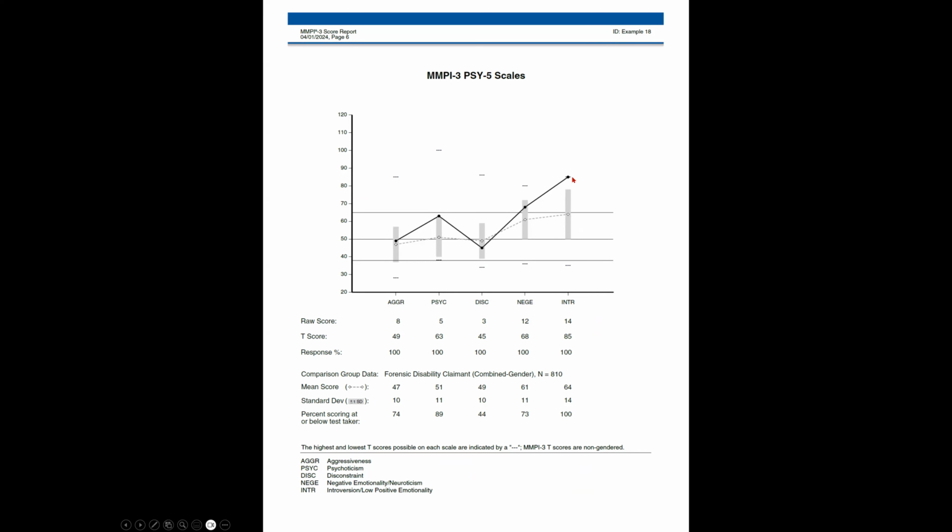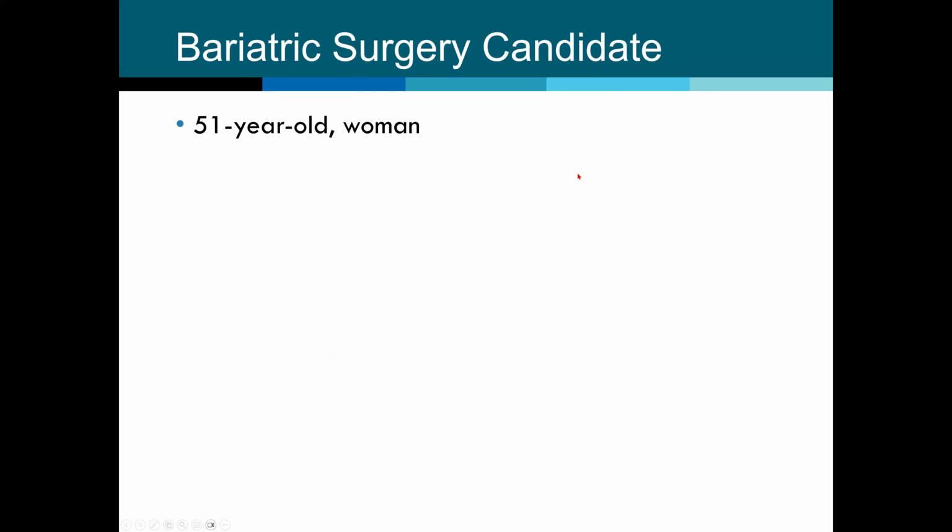And at the ceiling on the introversion low positive emotionality scale, which is associated with features of cluster C personality disorders. We have one more case, which we'll go through, and then we'll come to some final observations.